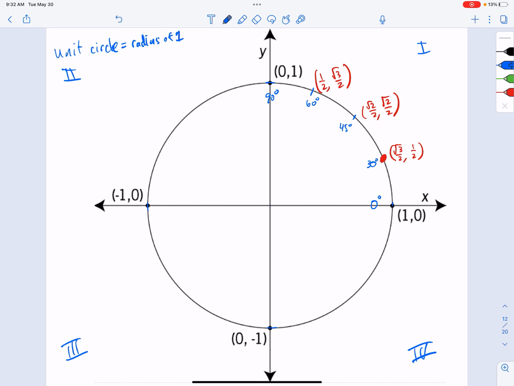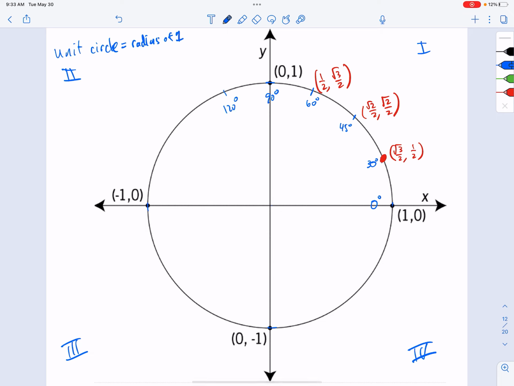Now these coordinates are going to repeat themselves. We have some reflection happening, but as we go around the unit circle, these coordinate values are going to keep appearing. So what I'm going to do before I do any of the coordinates, I'm just going to continue writing all the angles.